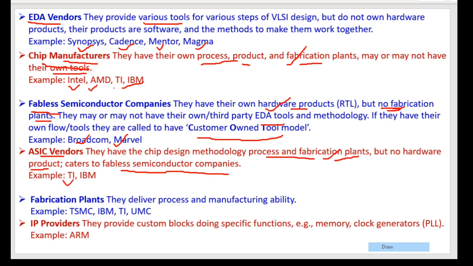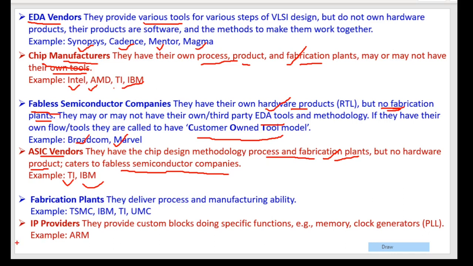Some examples are Texas Instruments, IBM. Okay, so one company can come under different types of VLSI service providers. So suppose here IBM is coming under ASIC vendor, it's also coming under chip manufacturers.